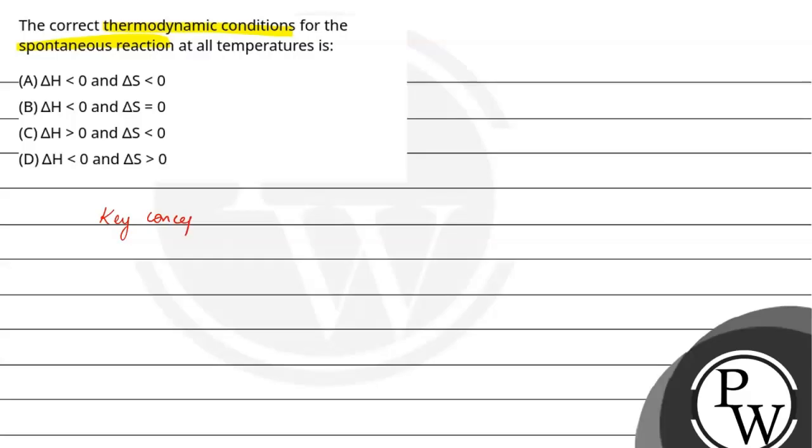So, जो key concept involved हुआ है, it is change in Gibbs free energy, which is represented by delta G and its relation with delta H, that is change in enthalpy, and delta S, that is change in entropy. Why we are taking Gibbs free energy?